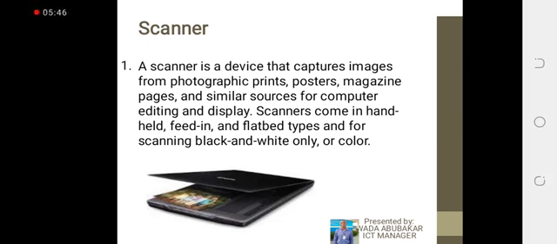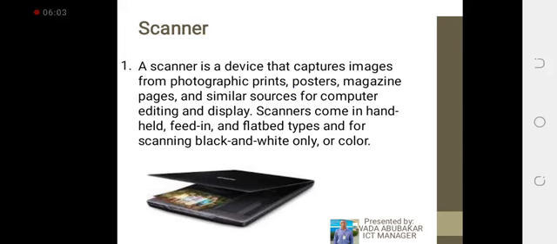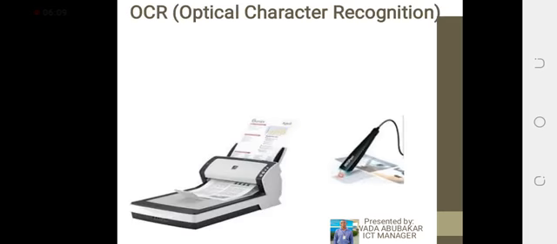So, for instance, you have a handwritten document or text that you want to transfer into your computer. A scanner is a good way to go. Scanners come in handheld, feed-in, and flatbed types, and for scanning black and white only, or color. So you can scan black and white only, or you can decide to scan a color text document.